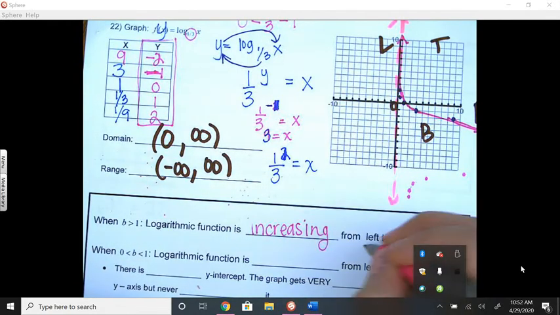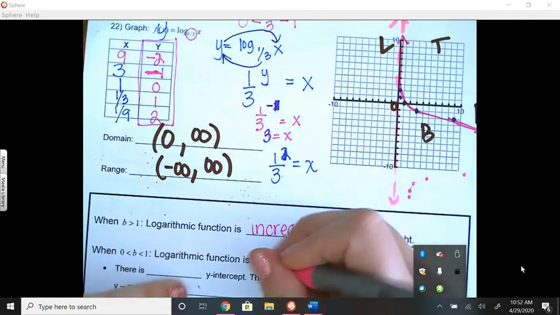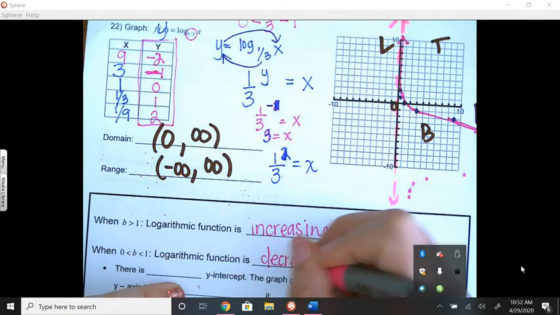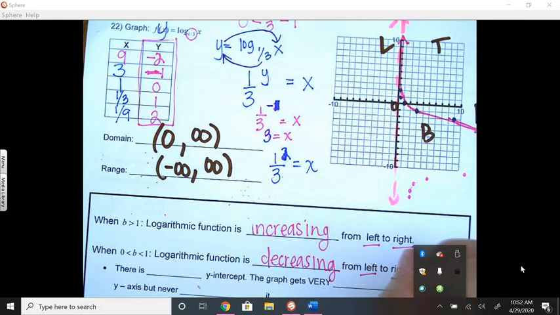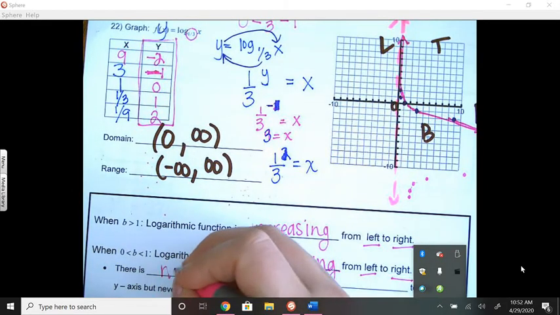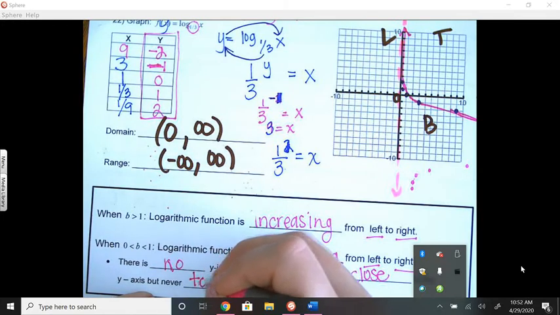And again, we always do that from left to right. And when the base is in between 0 and 1, the logarithmic function is decreasing, again from left to right. There is no y-intercept. The graph gets very close to the y-axis but never touches it.